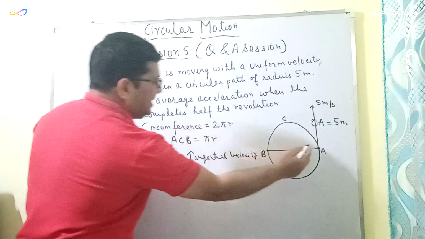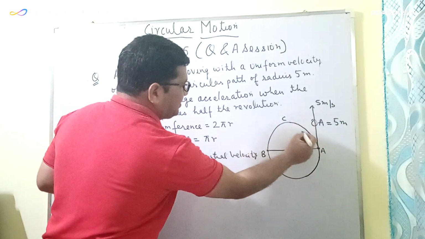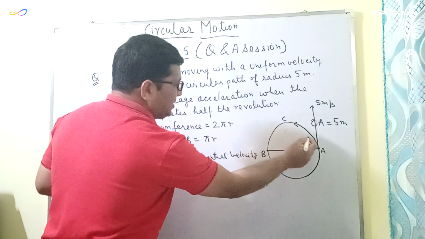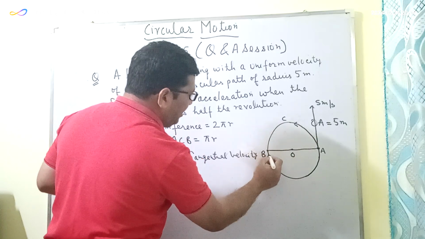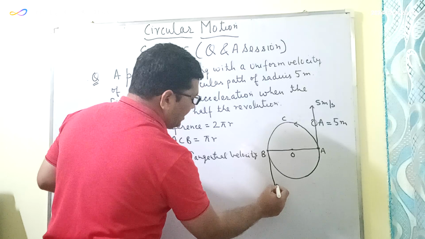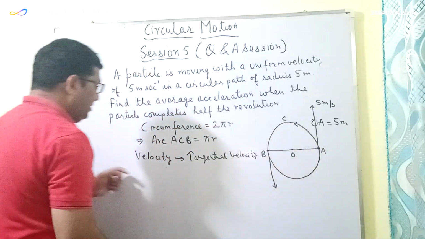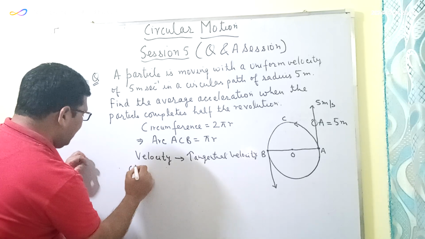Let us consider that this particle is moving in the direction indicated by this arrow. When this particle reaches point B, the direction of the velocity will be pointing in the downward direction.